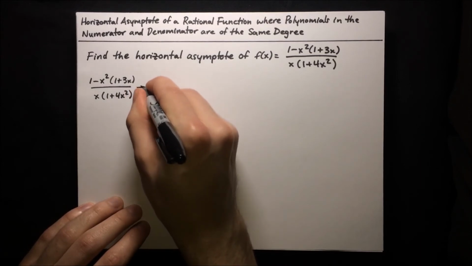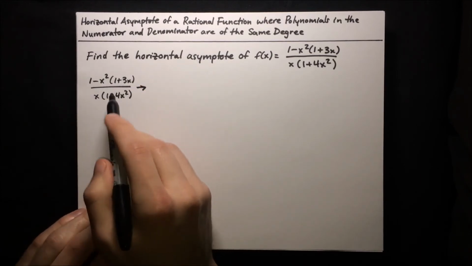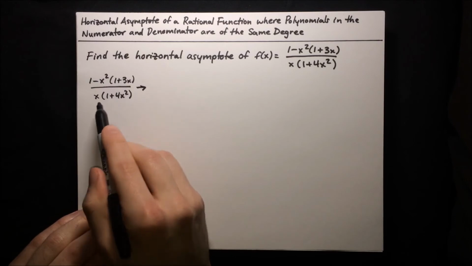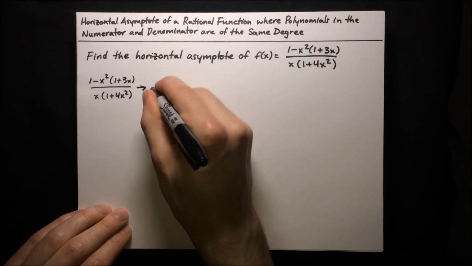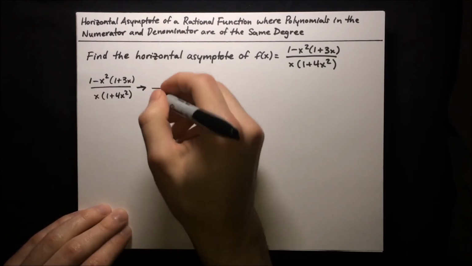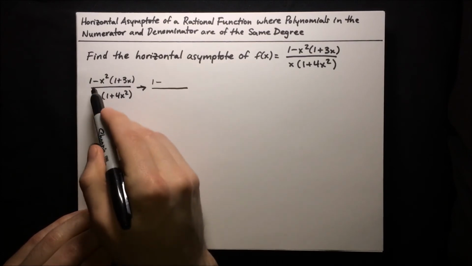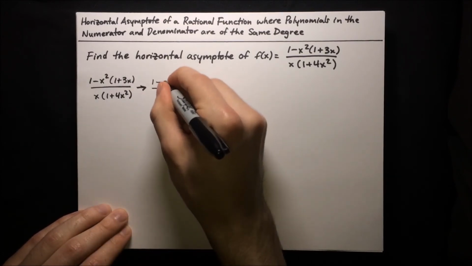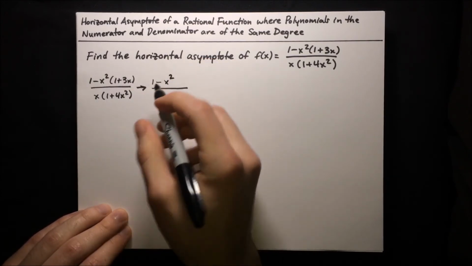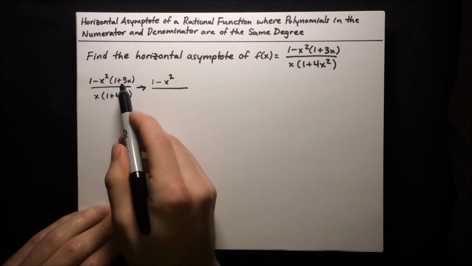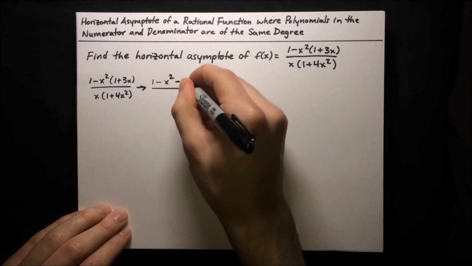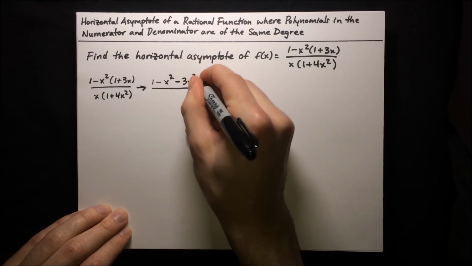We'll go ahead and multiply everything out, expand it out, so distribute this x squared and that x. So we get 1 minus, distribute the x squared to the 1, so 1 minus x squared, and then distribute the minus x squared to 3x, so minus 3x to the third.